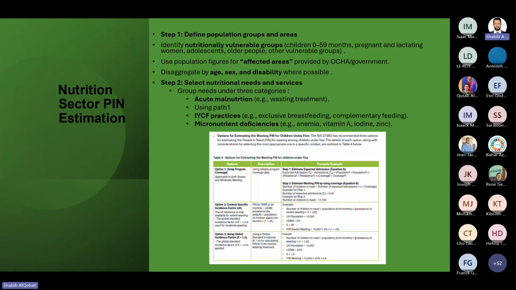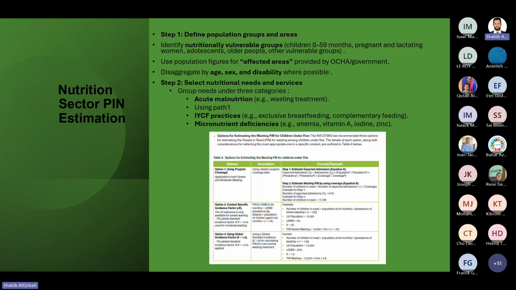Directly use the population figures for the affected area, provided sometimes by OCHA, the IM working group, and also sometimes the CSO, the Statistics Center or government can provide this affected area data.